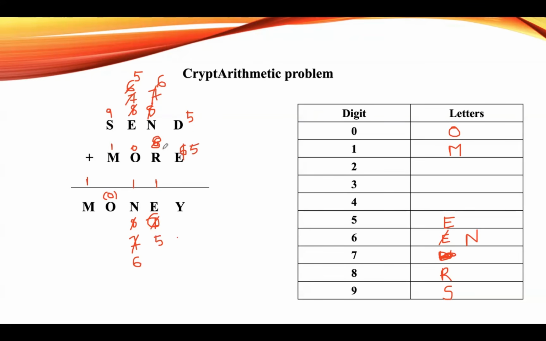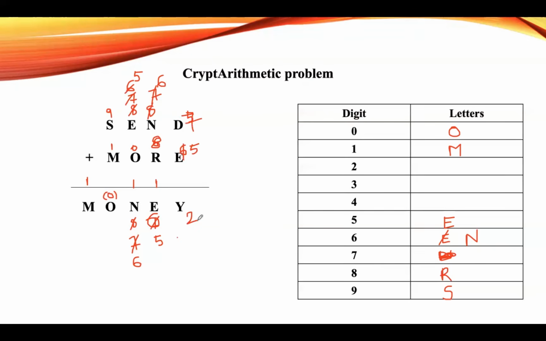Now you need to assign the largest number to D. The largest available number is 7. So let us assign 7 to D. 7 plus 5 is 12. 2 is not assigned to any digit till now, so you can proceed with this.